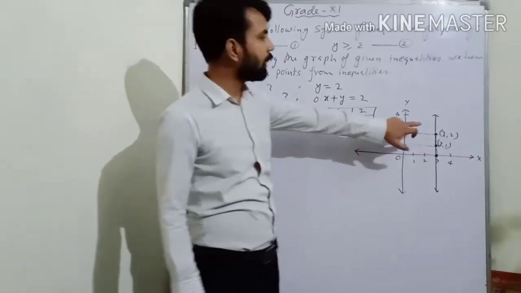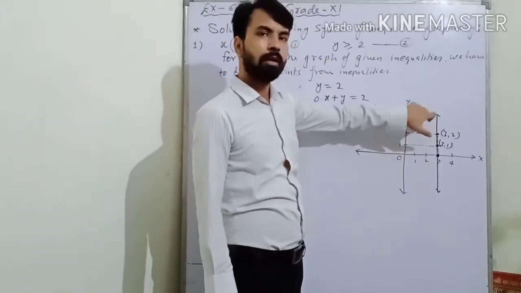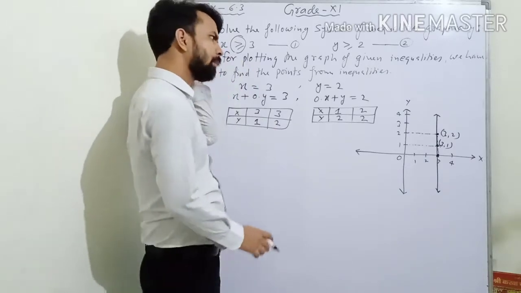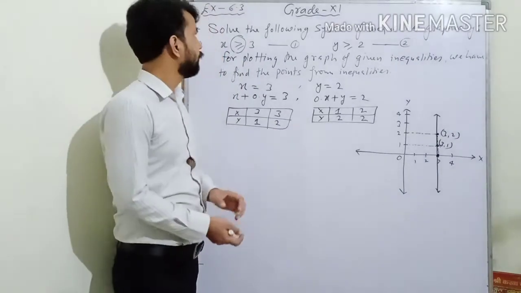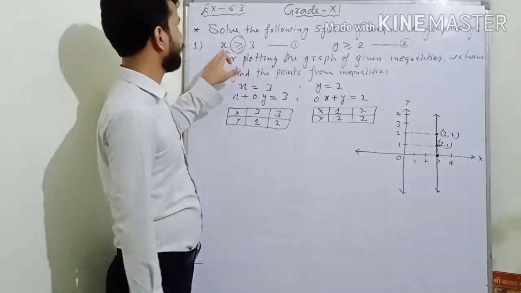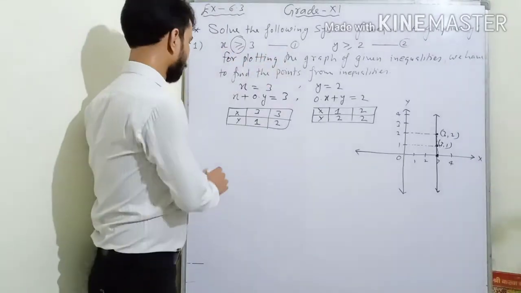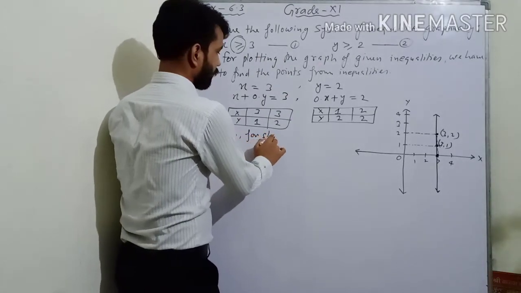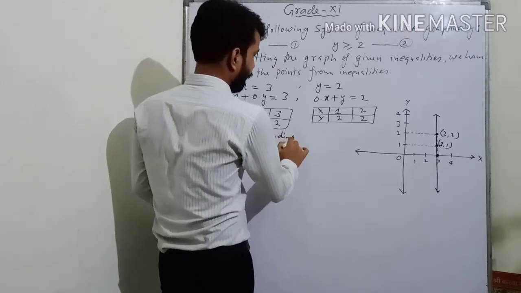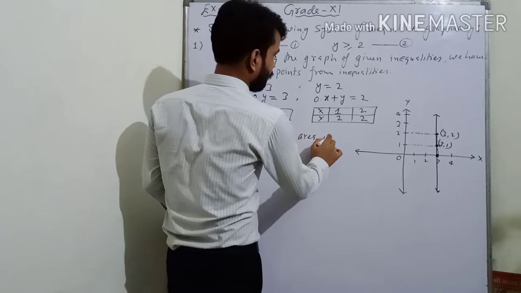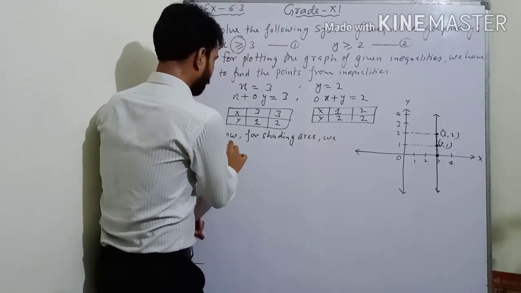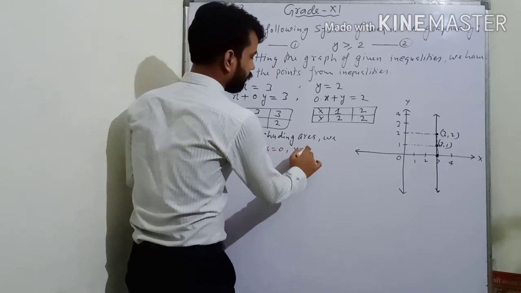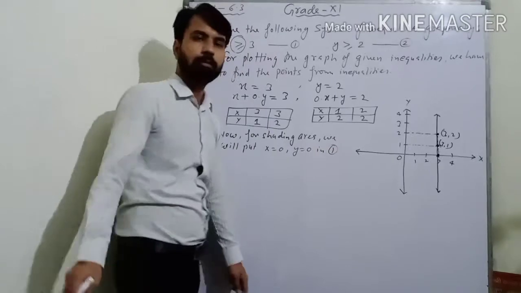Now for this line we will have to shade the required region. So see what we will do. We have to put 0 0 in inequality number 1. Now for shading area we will put x equal to 0 and y equal to 0 in inequality number 1.